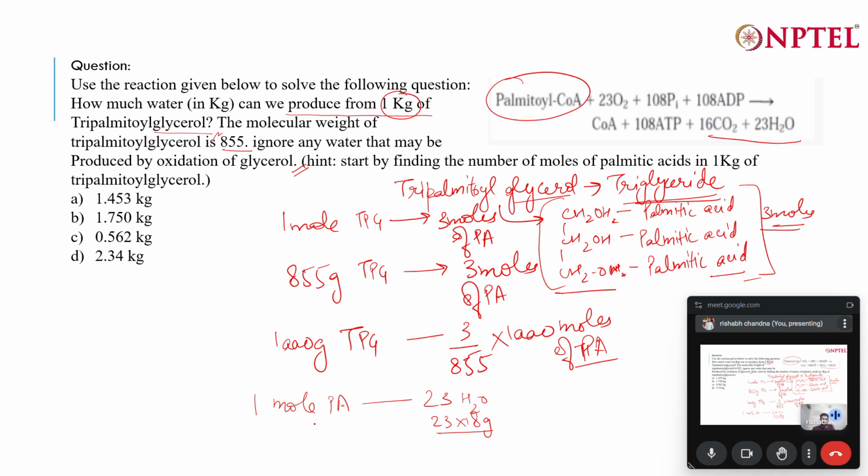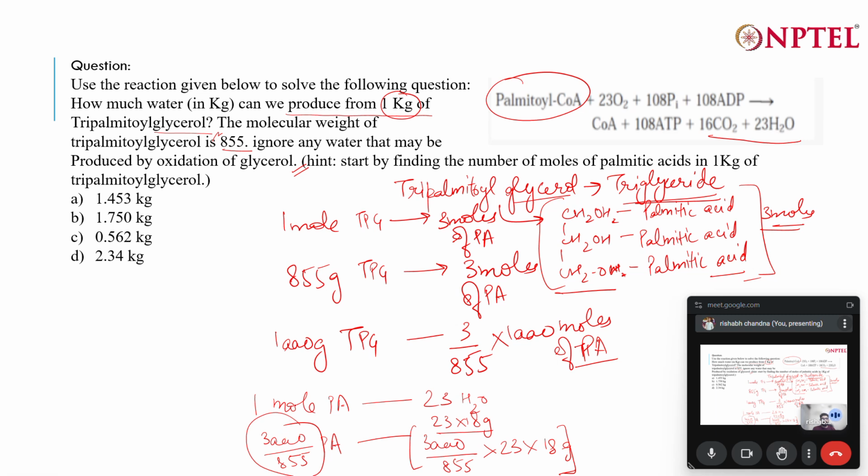Now, when 3000 by 855 moles of palmitic acid are oxidized, that will produce 23 into 18 grams of water for each mole. So this much water will be produced after these many moles of palmitic acid are oxidized.